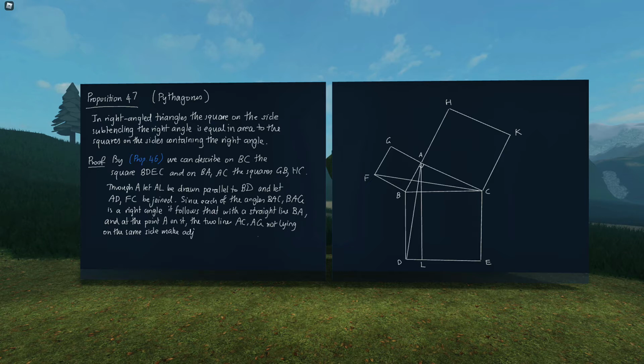And they make adjacent angles equal to two right angles. So that's enough. By proposition 14, CA is in a straight line with AG. And for the same reason, BA is in a straight line with AH.